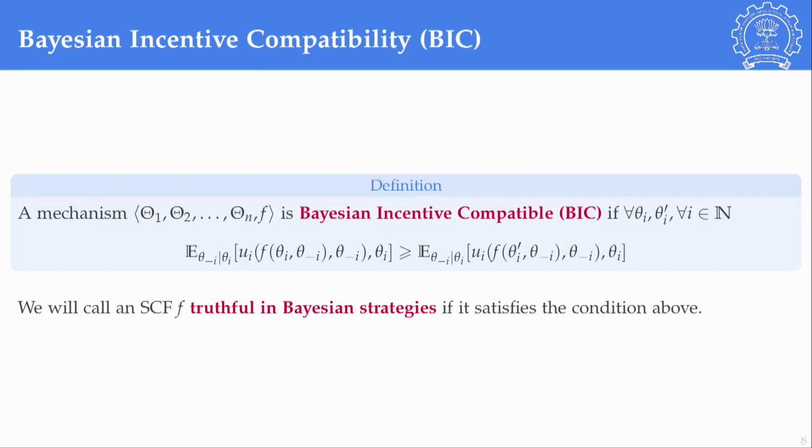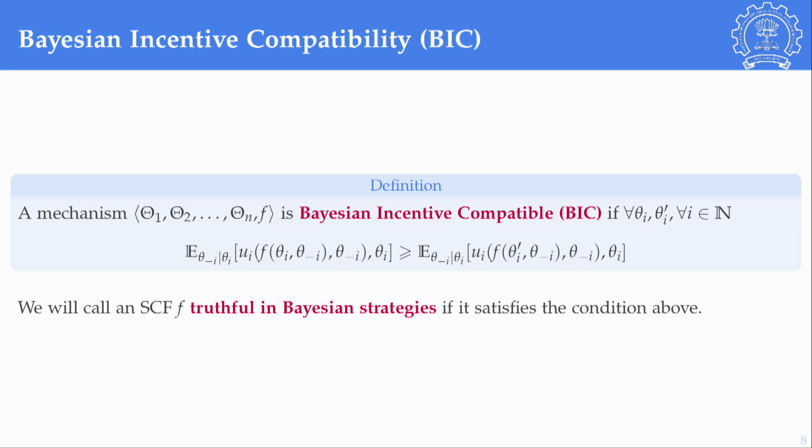Maybe I am an internet service provider who knows that this spectrum is very valuable for me and also for other players. I also have some information about how valuable it is, or at least the distribution of how valuable it is, for the other agents.